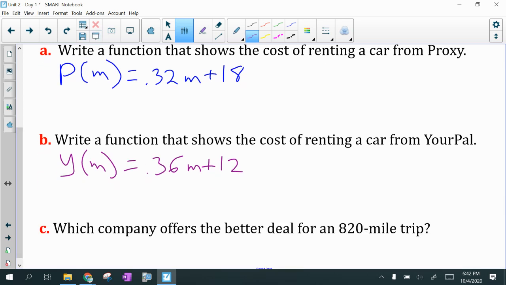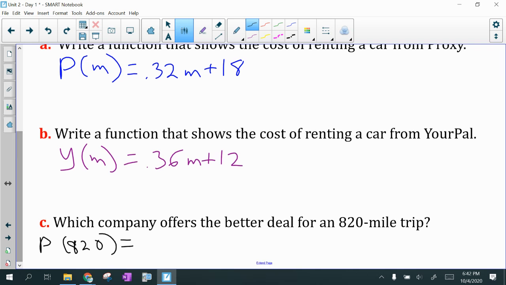And lastly, it says which company is going to give you a better deal if you're going to be driving 820 miles. So I'll say Proxy for 820 miles, not 120 miles, is going to be just 0.32m plus 18, except I'm going to drop that m and I'm going to immediately fill in the value they give me, which is 820.